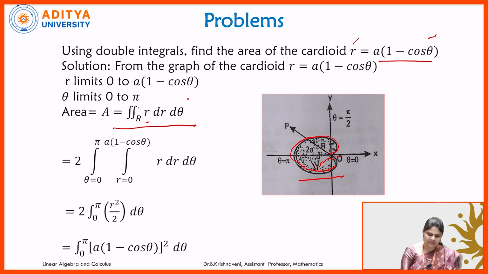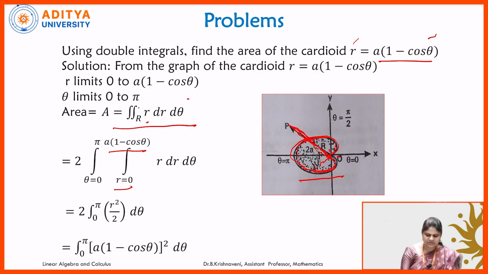So let's take the strip. In polar form we take the strip from the initial point, that is r is equal to 0, to the cardioid. So r limits are from 0 to a into 1 minus cos theta. To cover this area, the strip has to travel through this entire region.